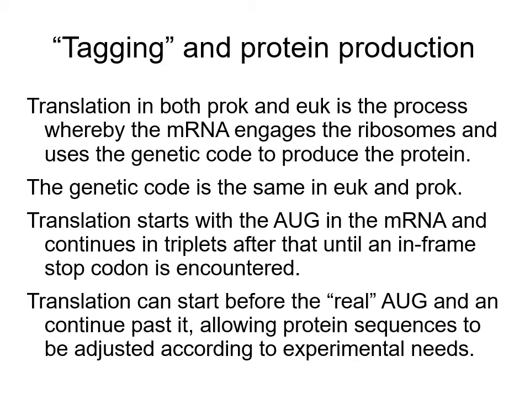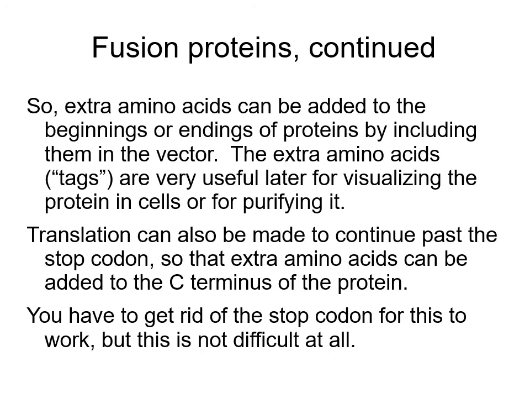So what you have to do is get rid of the stop codon to make sure that translation reads through, starts at an AUG, and then doesn't stop until it gets to the end of either the tag or your protein. So this does involve a little bit of manipulation of the sequences at the junction between your tag and your protein.